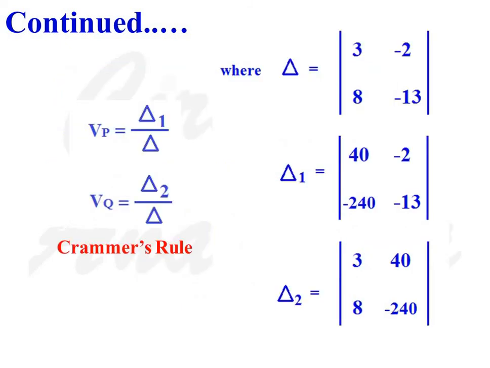So according to Cramer's rule, Vp is equal to delta 1 by delta and Vq is equal to delta 2 by delta, where delta is equal to determinant of [3, minus 2; 8, minus 13]. Delta 1 is equal to determinant of [40, minus 2; minus 240, minus 13]. And delta 2 is equal to determinant of [3, 40; 8, minus 240].